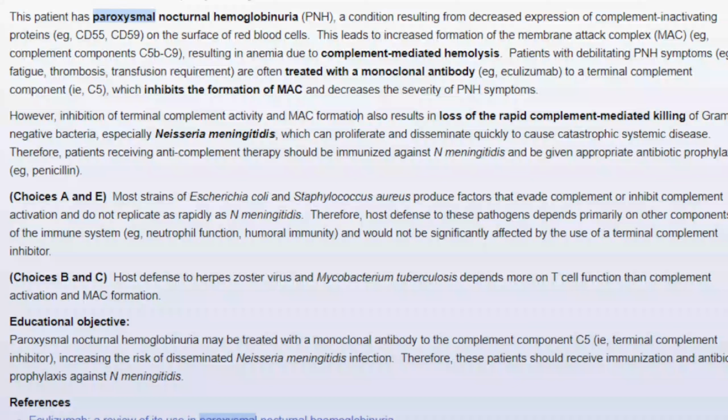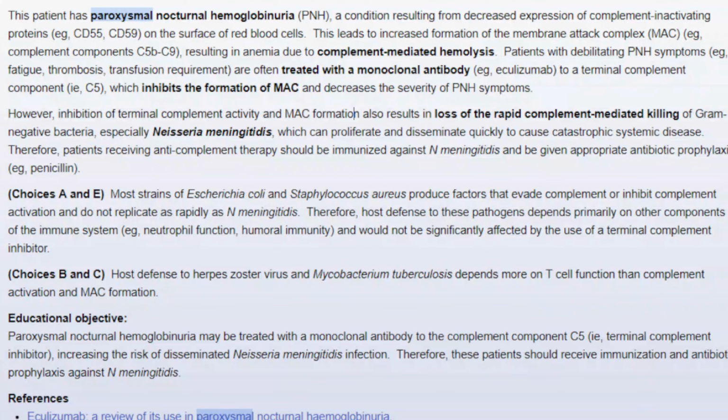You can read this part here. However, inhibition of terminal complement activity and MAC formation also results in loss of rapid complement-mediated killing of gram-negative bacteria, especially Neisseria meningitidis, which can be dangerous because it can give you catastrophic systemic disease.